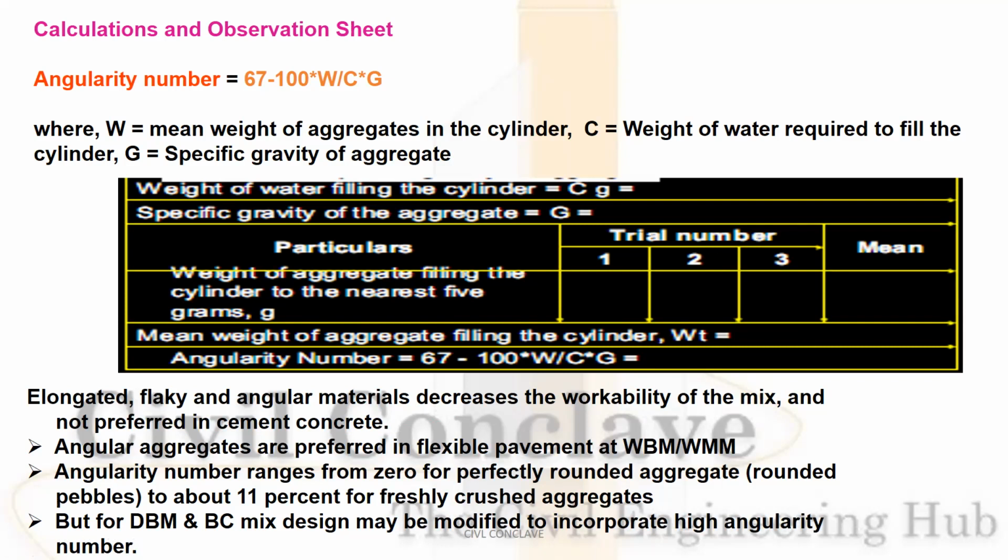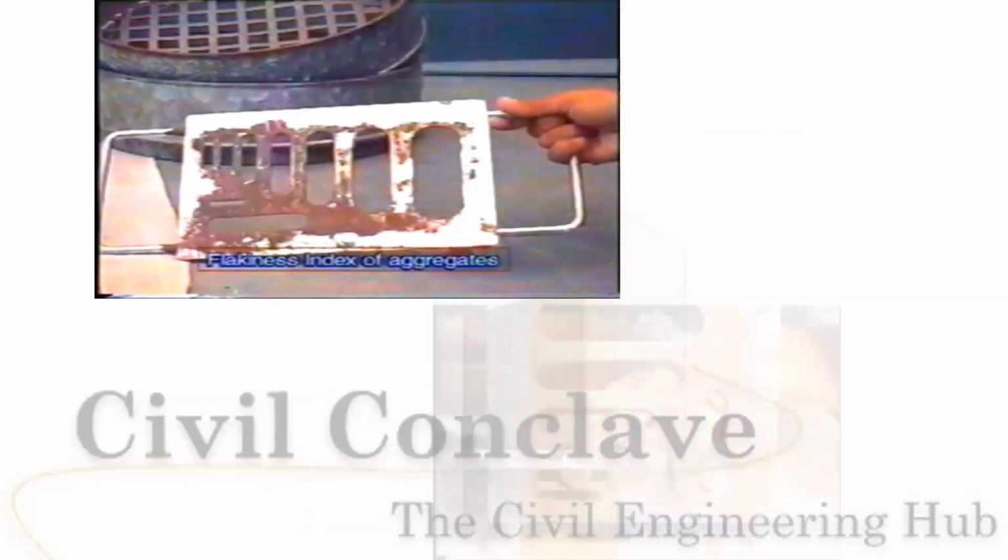Angularity number ranges from 0 for a perfectly rounded aggregate to about 11% for freshly crushed aggregate. But for DBM and BC, the mix design may be modified to incorporate a high angularity number.